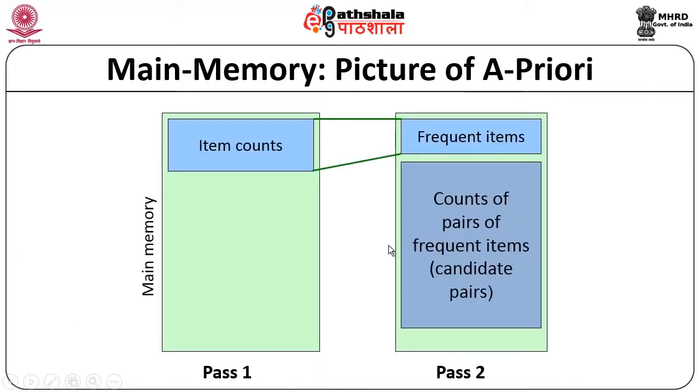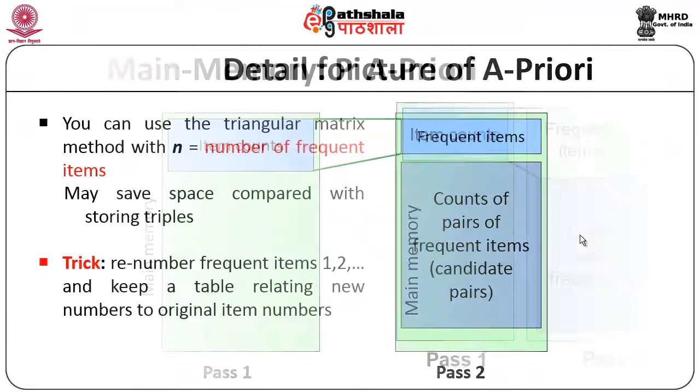If you are going to visualize this, that is the main memory during the execution of the a-priori algorithm, in pass 1 you are going to have all the items and their corresponding counts, and in pass 2 you will be generating the frequent items from these item sets, and then you will have the counts of these pairs of frequent items, which will be considered the candidate items for the next iteration.